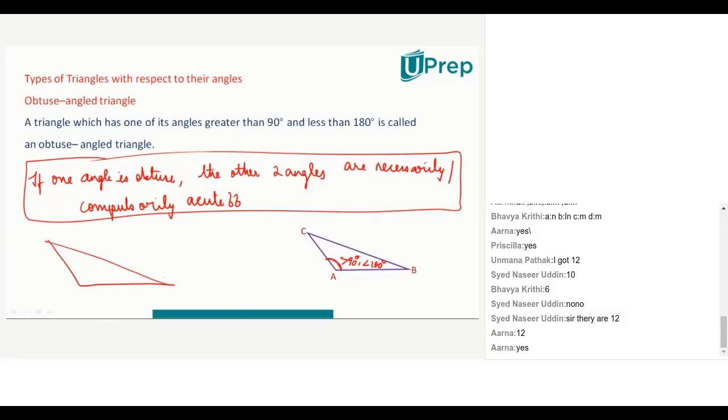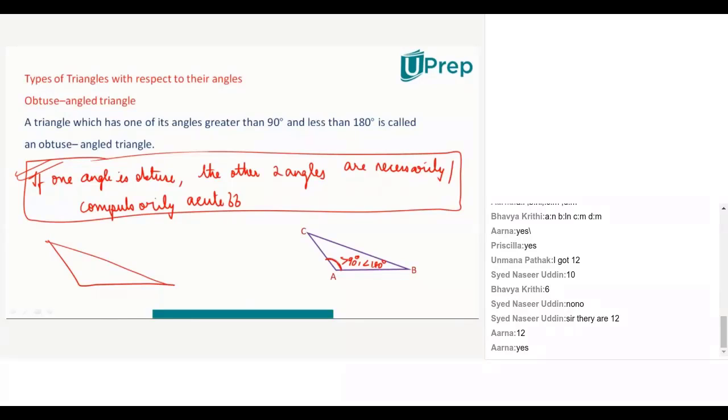Beautiful. Because already one is more than 90, so the others have to be less than 90. You get the logic? Does anyone have a doubt? Yes, Bhavya. Sir, can't we use the other theorem which we use, like if one angle is 90 degrees, the sum of the other two angles will also be 90? Can't we use that theorem here? Correct.